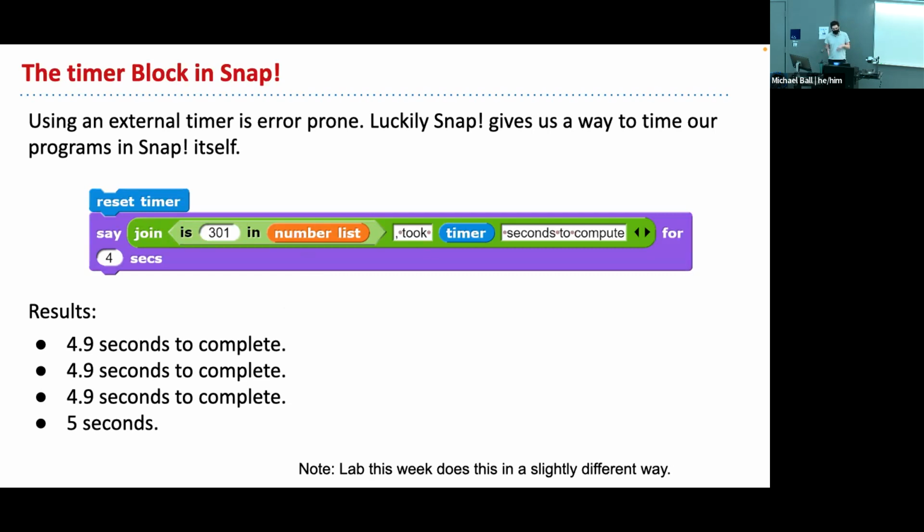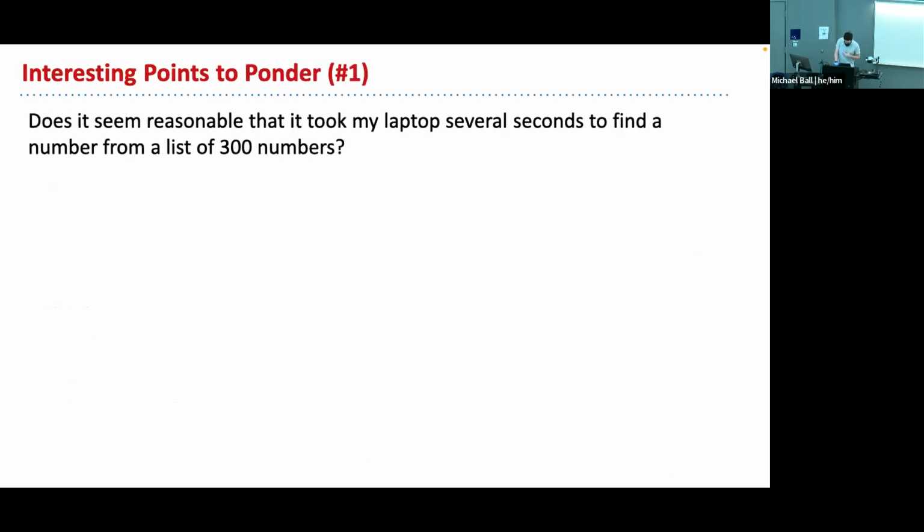On those computers that are relatively modern, this block will take a little under 5 seconds to find 301 in the list of 300 items and tell you that it's not there. And this seems pretty slow, and this should seem pretty slow to you.